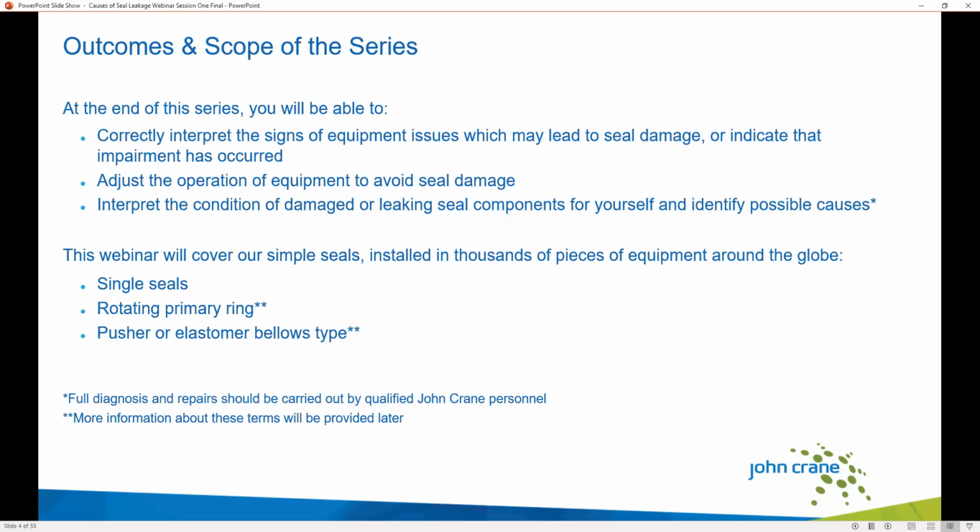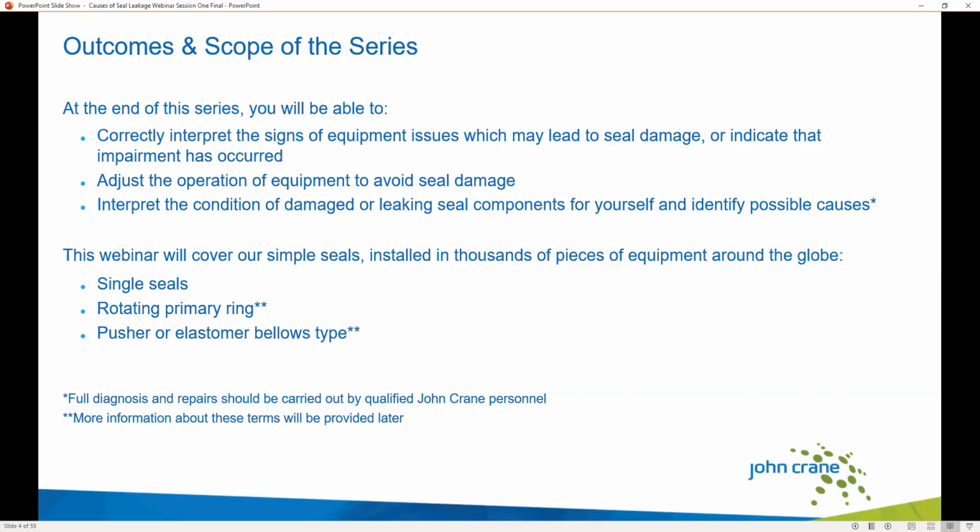And just to give you some background on the outcomes and scope of this series, like I said earlier, there will be 3 sessions in the series. By the end of the series, you'll be able to correctly interpret the signs of equipment issues which may lead to seal damage or indicate that impairment has occurred. You'll be able to adjust the operation of equipment to avoid seal damage, interpret the condition of damaged or leaking seal components for yourself, and identify possible causes.